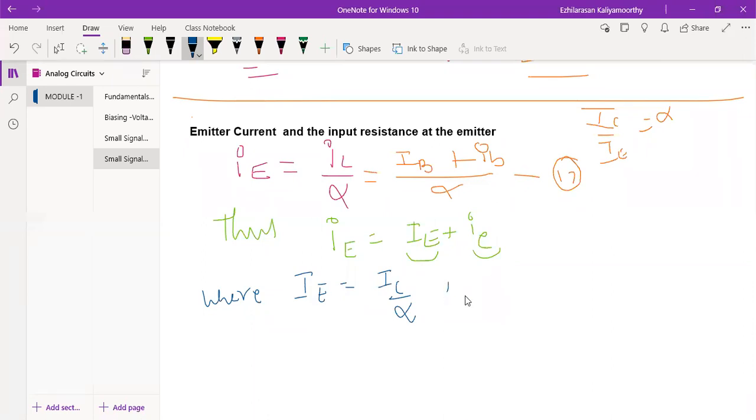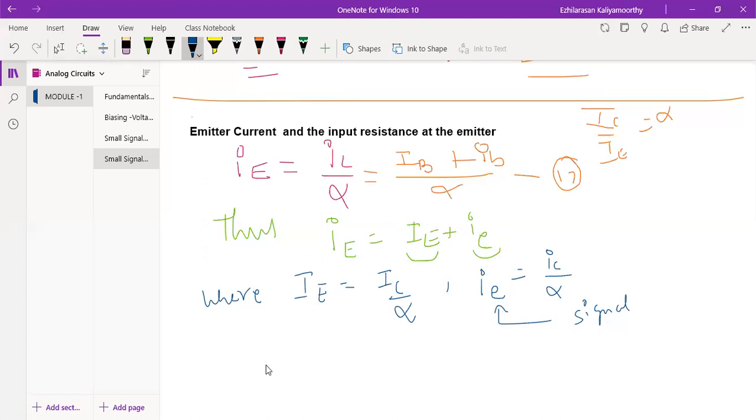So then small IE is, similarly, IC by alpha. So this is nothing but a signal component, right? It is a signal component.